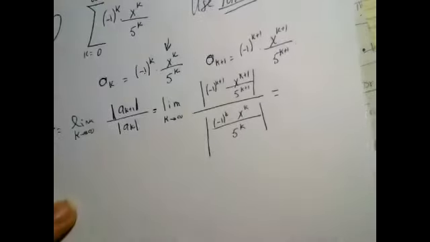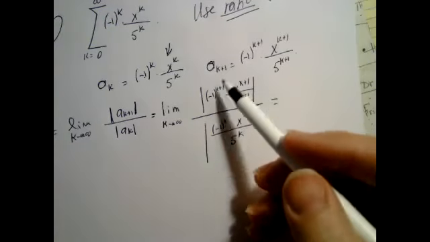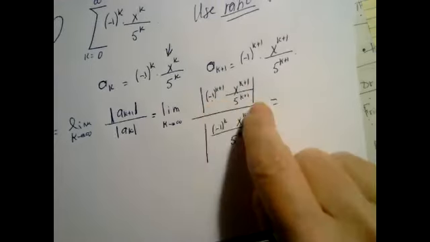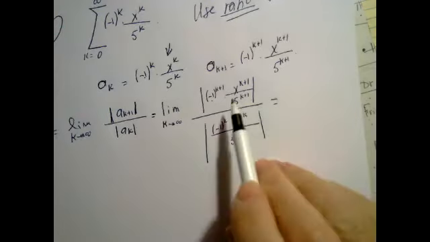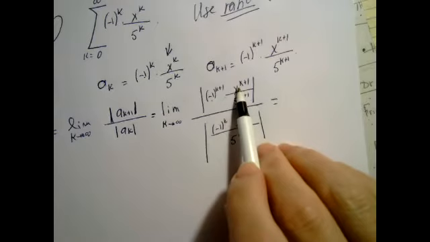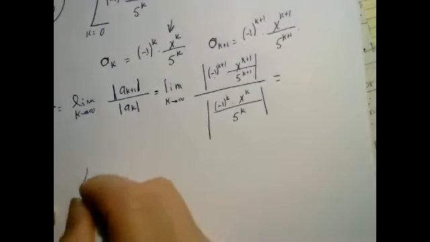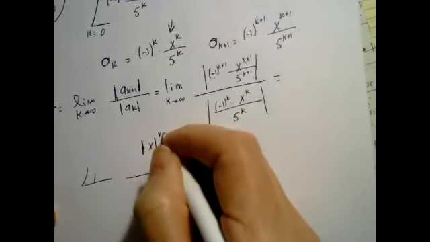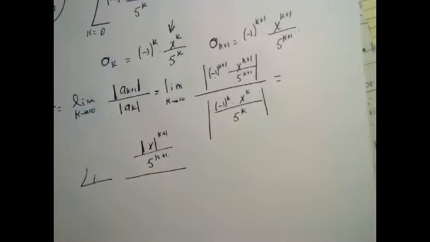Okay, so now we have to compute this ratio. Let's look at what's happening with the absolute value. The terms (-1)^k, when you take the absolute value, will go away, because the absolute value absorbs every minus sign. 5^(k+1) is positive. Taking the absolute value of x^(k+1), this becomes the absolute value of x^(k+1) over 5^(k+1).